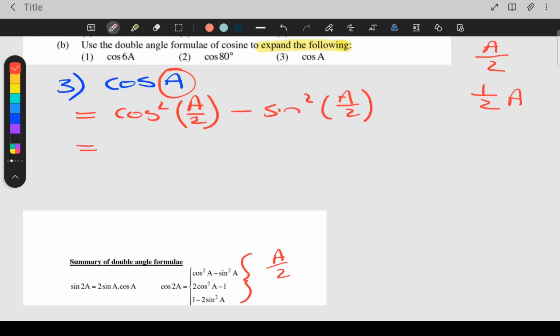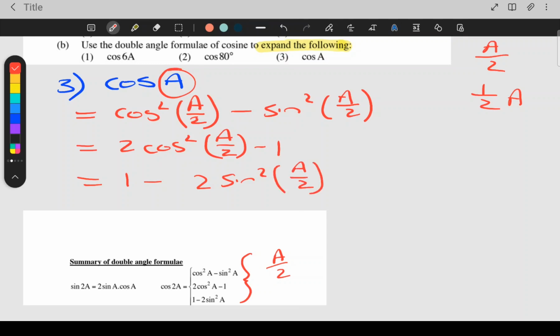Or if you want to use the second formula, it's 2 cos squared A over 2 minus 1. Or it's 1 minus 2 sine squared A over 2. Can you see, wherever there was an A, it's A over 2 that we got here. Or you can say I got the angle because A over 2 is half of A.